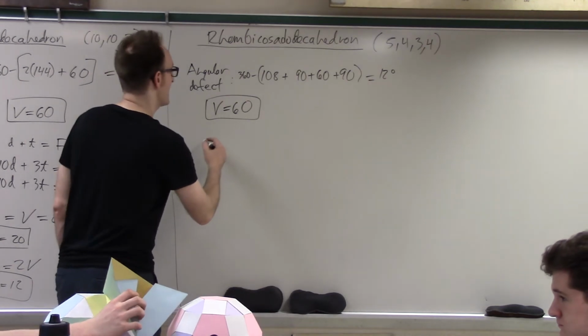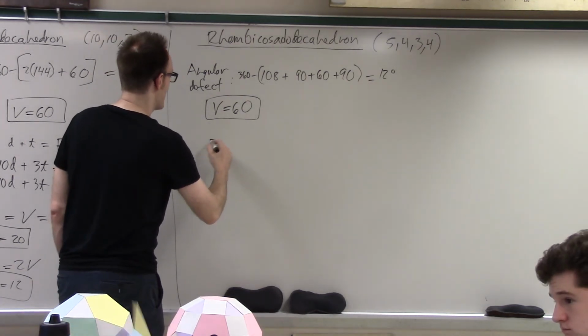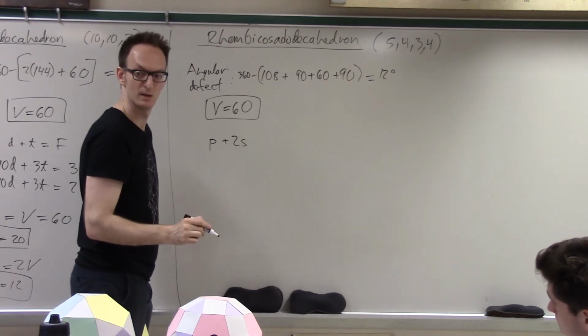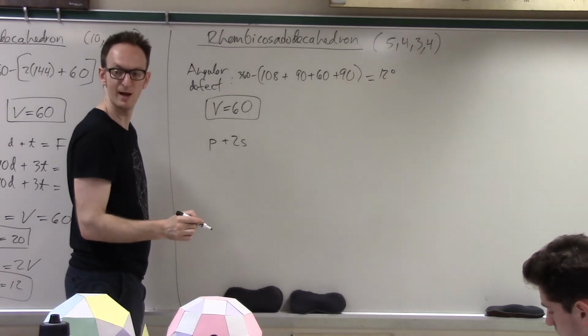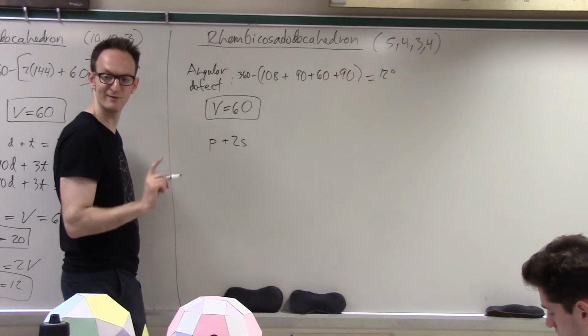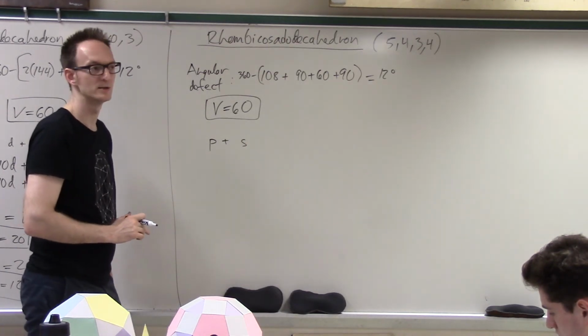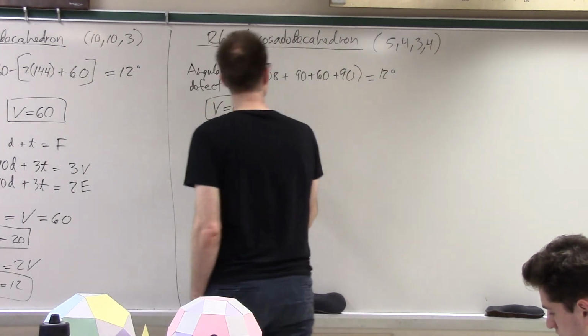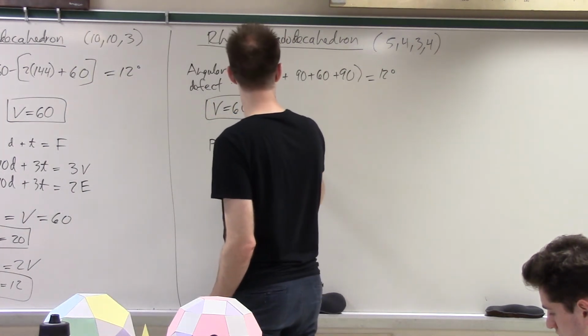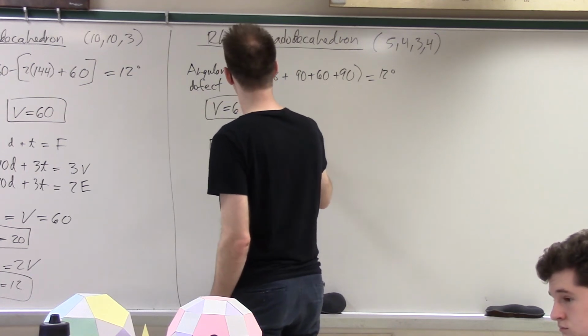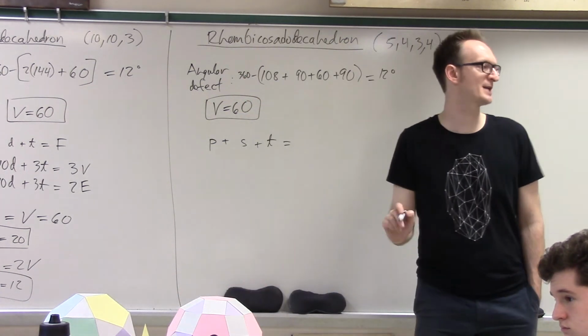If I take the number of pentagons plus twice the number of squares... no, take it back. P plus S plus T. Then what have I done for every vertex?